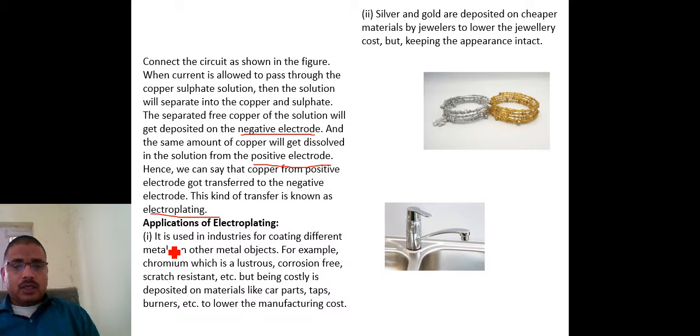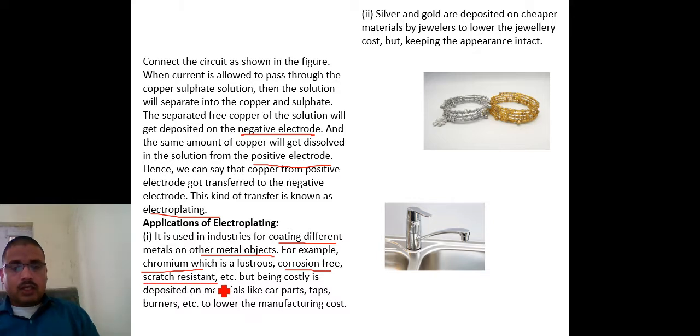Now there is an industrial use of electroplating: it is used in industry for coating different metals on other metal objects. For example, chromium. Chromium is a metal which is lustrous, corrosion free, and scratch resistant.